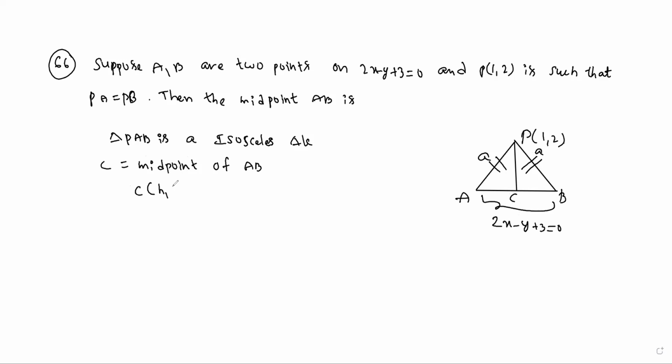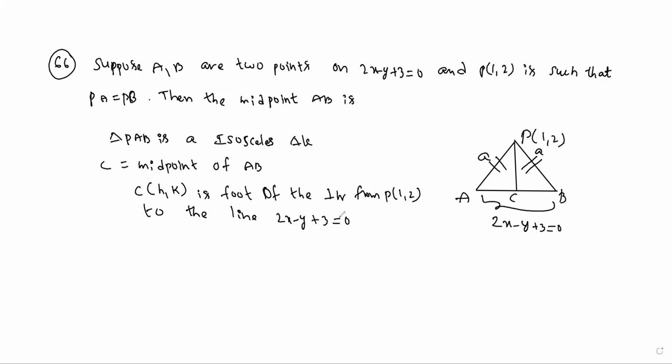Now how to find the C? We don't know. That C I'll take as h comma k. Now the C is nothing but the foot of the perpendicular from P(1, 2) to the line 2x minus y plus 3 equal to 0. Okay, now use the same formula, h minus x1 by a.